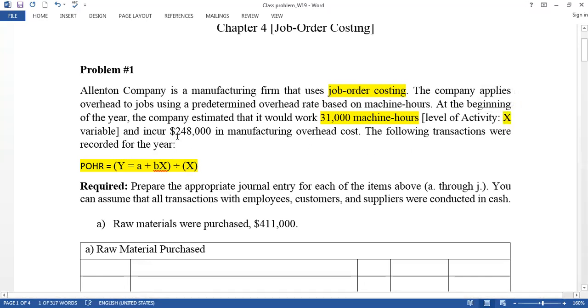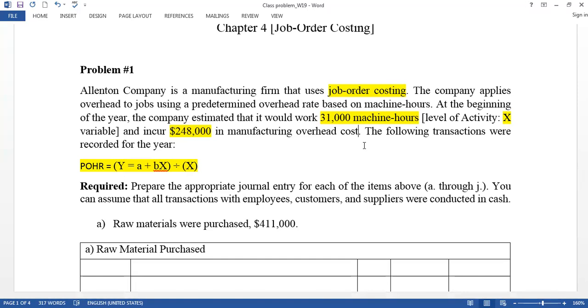And incur $48,000 in manufacturing overhead cost. It is not mentioned fixed, it is not mentioned variable. It means that it is the total manufacturing cost. So this $48,000 is the total manufacturing overhead cost, because it is not mentioned which portion is fixed and which portion is variable.